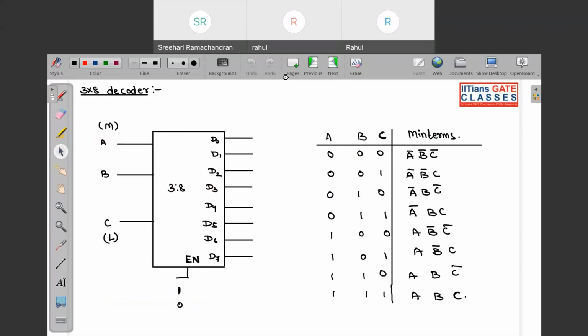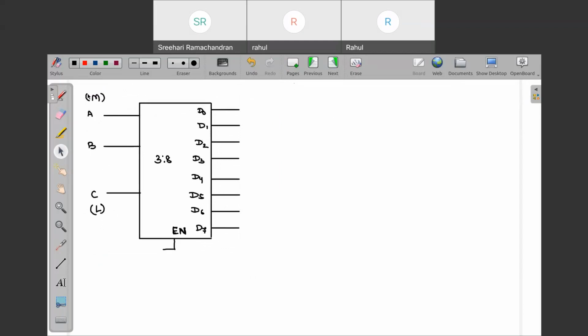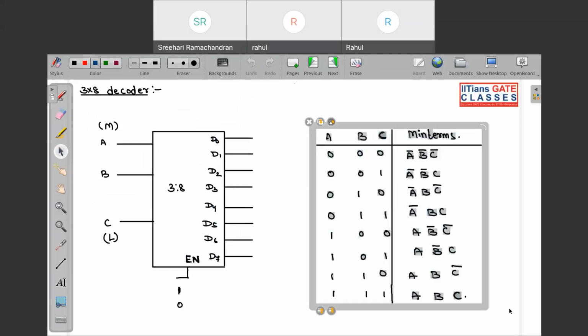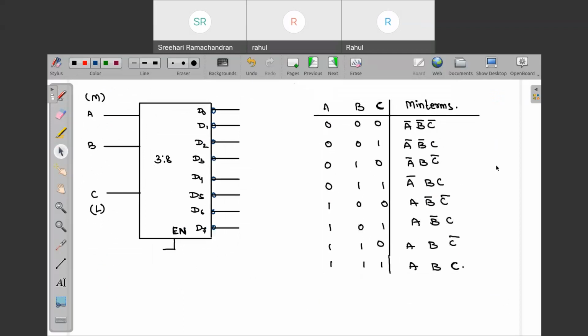The only change will be that your output will be bubbled. So there will be a bubble. Due to this bubble, what will happen? A bubble corresponds to complement.